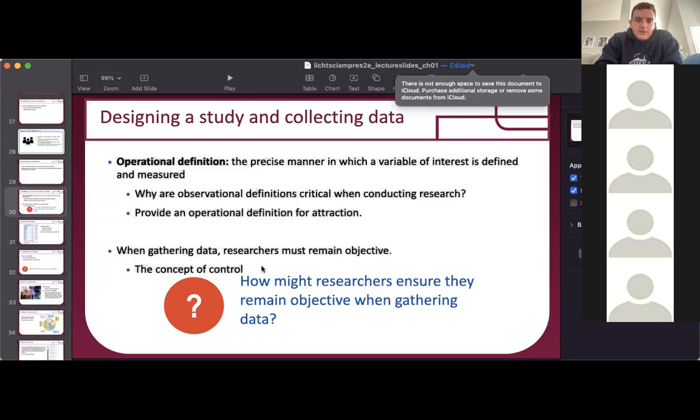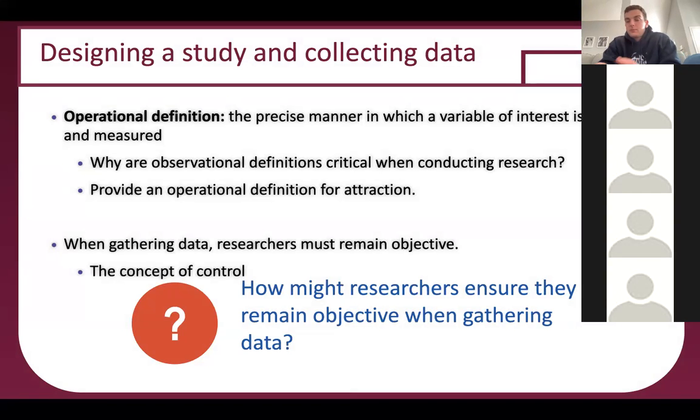And so when gathering data, researchers must remain objective. That's a very important point, because think about a pharmaceutical company that's testing some fancy new drug that's going to cure baldness. If you have a drug that you think can cure baldness, you are going to be slightly predisposed, or very predisposed, because you've got some skin in the game, to that hypothesis being proved correct.